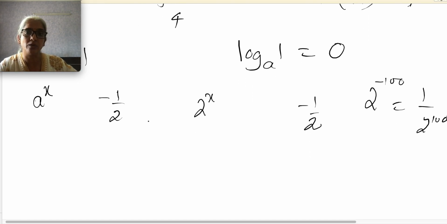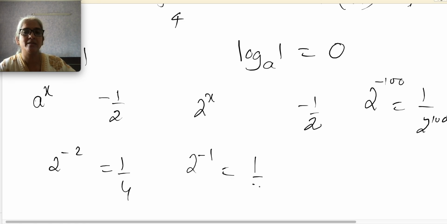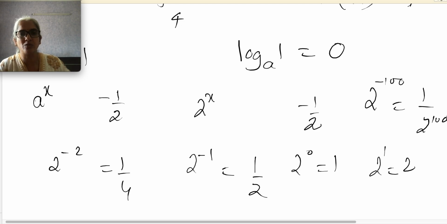This is interesting to note, right? 2 raised to minus 2, 2 raised to minus 1, 2 raised to 0, and 2 raised to 1. So it's starting from very small values. If I go from the left hand side, from a negative number towards the positive value, I'm seeing that the exponent value starts from a very small value and goes on increasing in this case, but it is never actually reaching 0, so not even reaching negative.